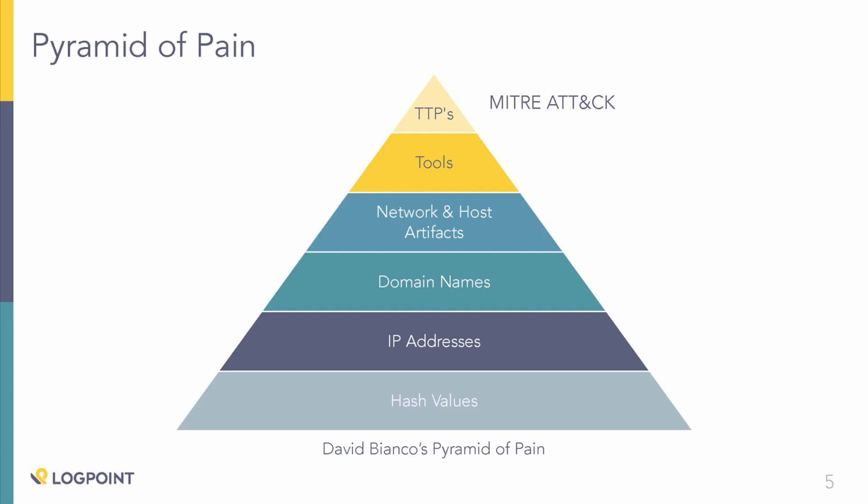So hash values are of little value to an attacker, and consequently sometimes aren't of much value to the defender either. But there's a lot of them, and if you identify them, they're relatively unique, but they're also very easy to change. And it's the same with IP addresses and domain names.